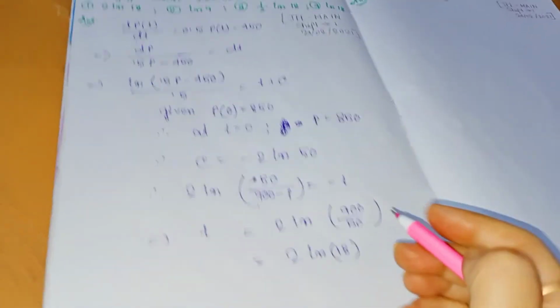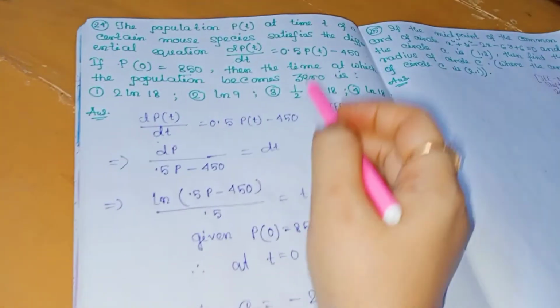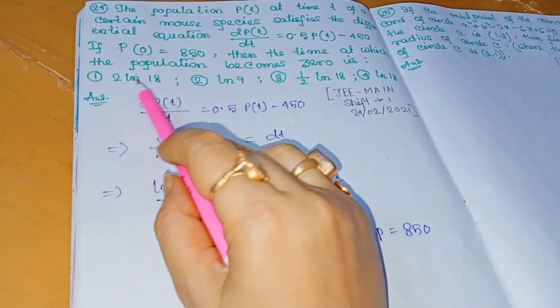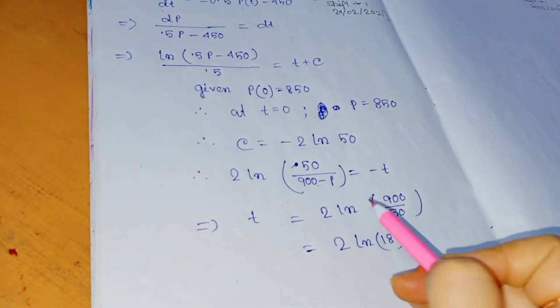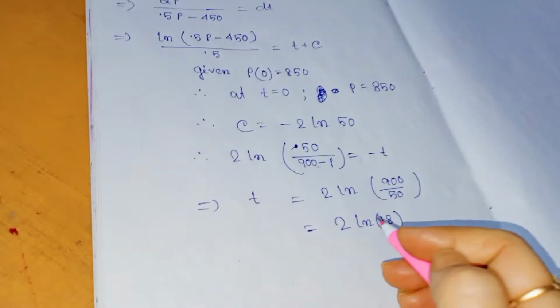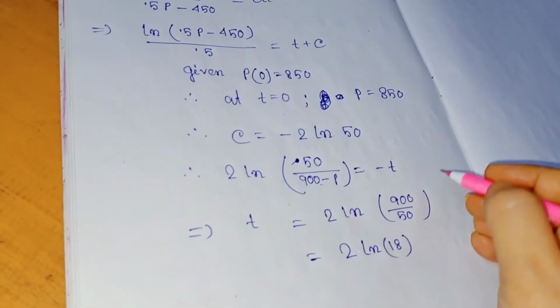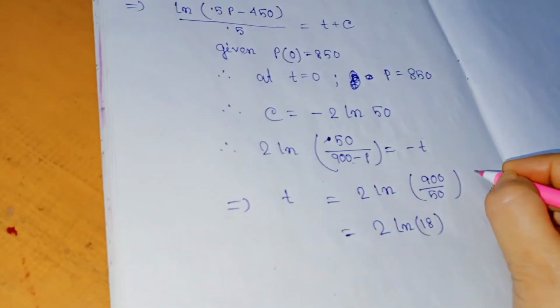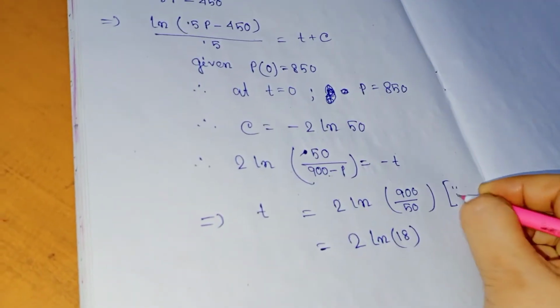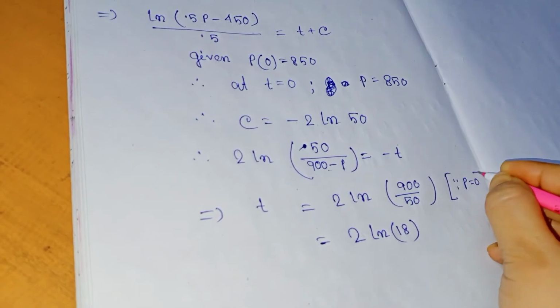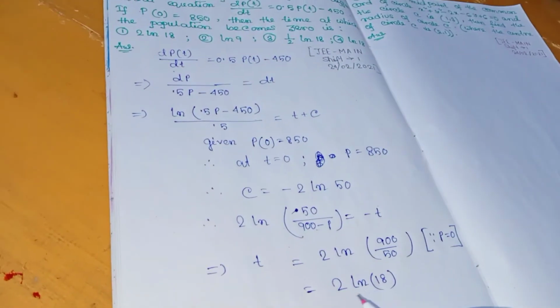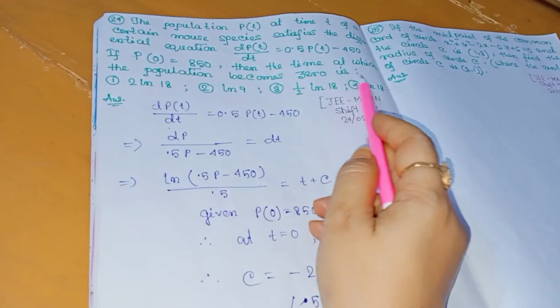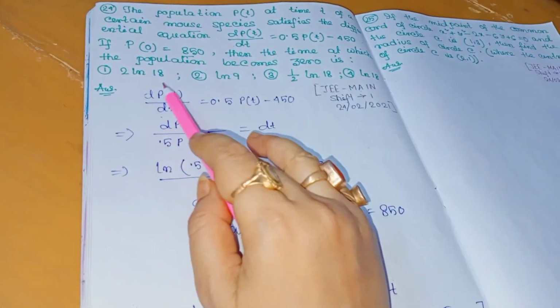The question asks the time at which the population becomes 0. The population becomes 0 means P is equal to 0. So when we put that, then it becomes this.